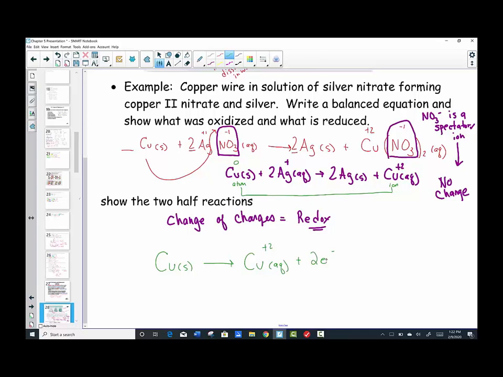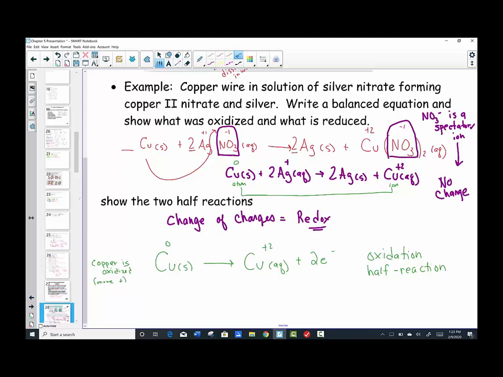You see how this is electrically balanced? +2 and 2 electrons creates a neutral charge overall. This is an oxidation half reaction. Copper lost 2 electrons to go from 0 to +2 charge, an oxidation half reaction. Copper is being oxidized. It became more positive by loss of electrons.